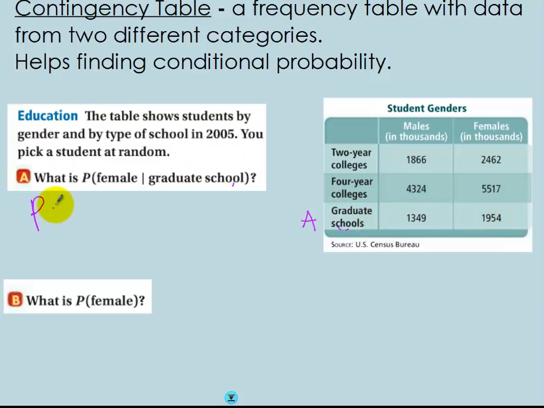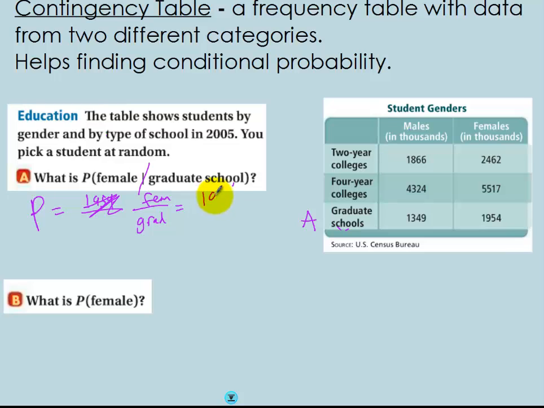So the probability in this case is going to equal the number of females there are, which is 1,954, divided by the number of students in graduate school. Some way you kind of look at it like a fraction sign. So you treat it as the probability of female over number in grad school. But you're not looking at females total, just the ones that are in grad school.